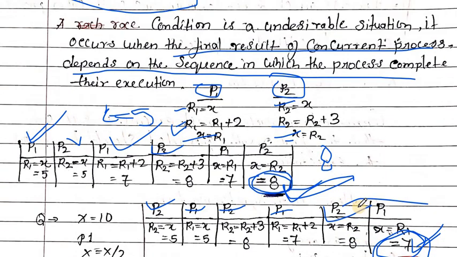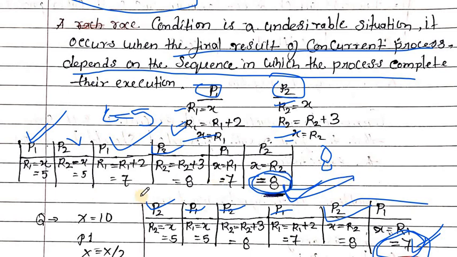This means that the sequence of process execution is necessary to get the expected result. To get the expected result, synchronization or proper sequence is necessary.